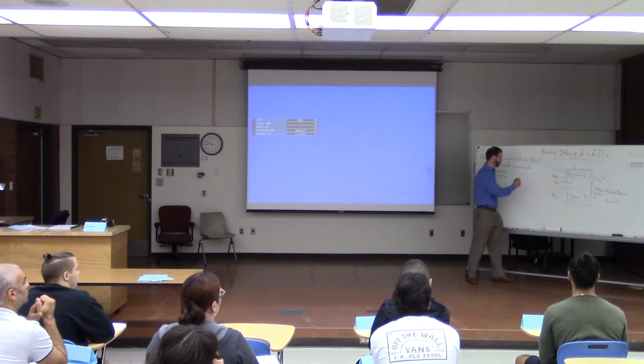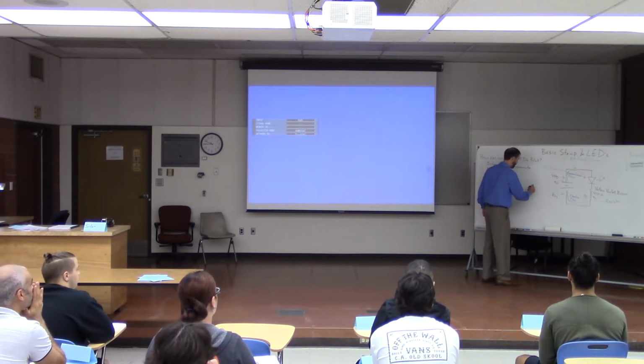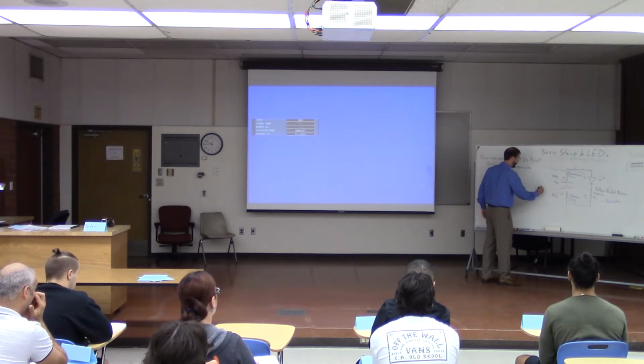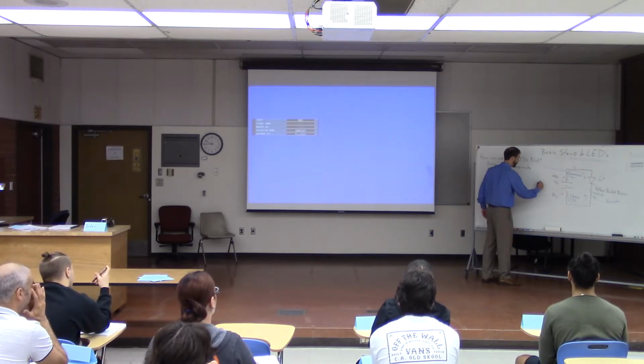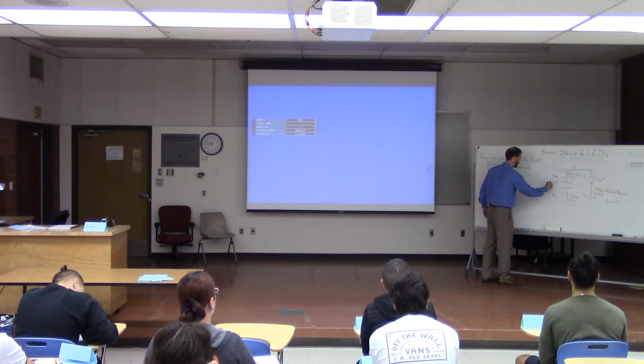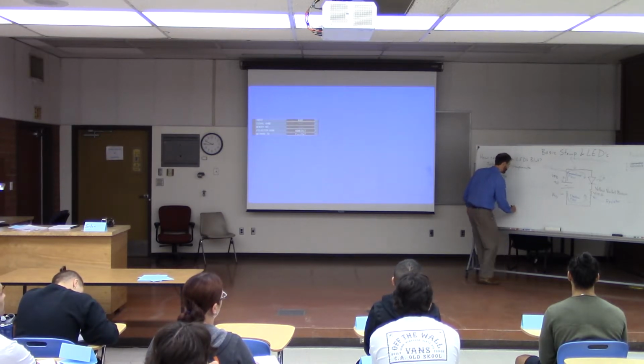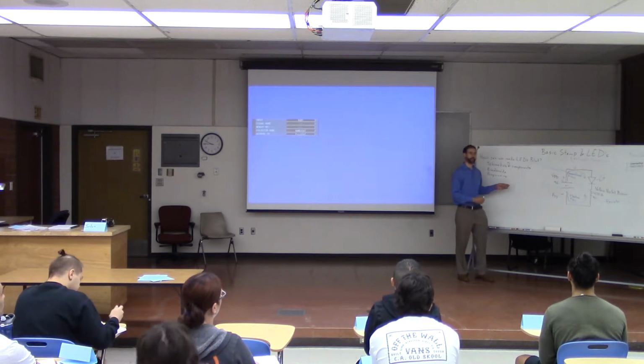But the diagram would be equivalent if I drew it like this, where I had the power supply upside down, and then it was connected to an LED over here, and then the resistor was down here. All the connections are the same.